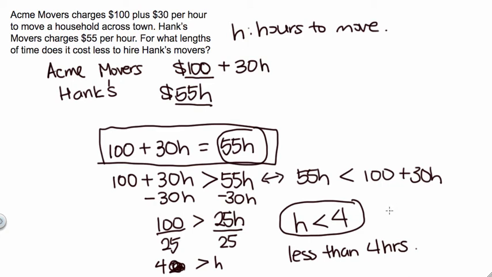And you can put that in either interval notation or as a graph, depending on what it's asking for. But for now, we just have that question for what lengths of time. So you could just say less than 4 hours. It's more efficient to hire Hanks instead of the other one because it'll cost less. And that is the end of 1.6.